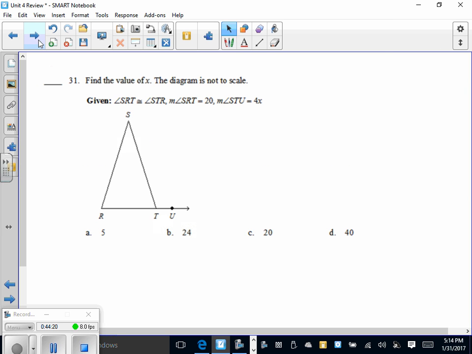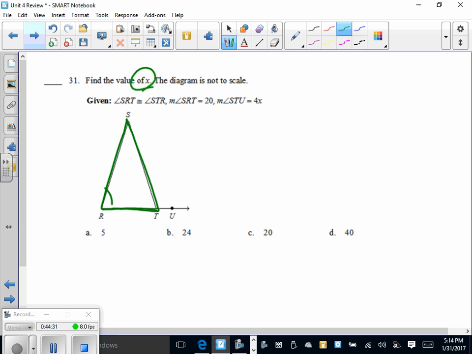Number 31. Find the value of x given that angle SRT is congruent to angle STR, and the measure of angle STU is 4x. Since this angle is equal to this angle, that means the two sides are congruent. It says that the measure of angle SRT is 20 degrees, so this is 20 degrees. These two angles right here form a straight line.